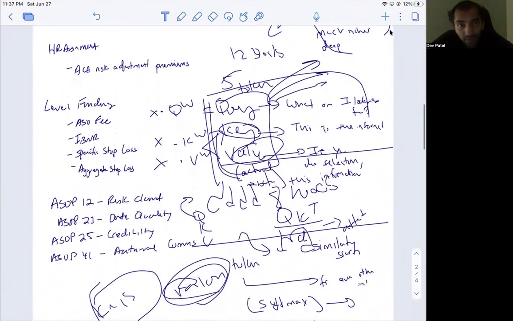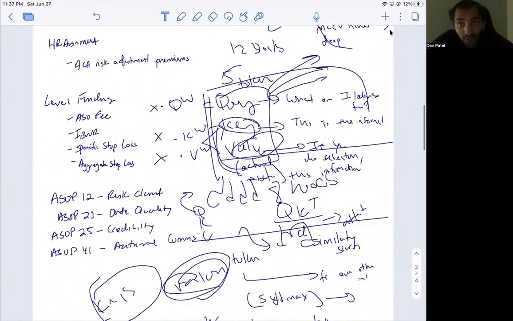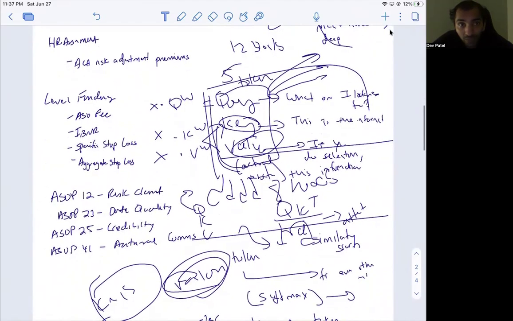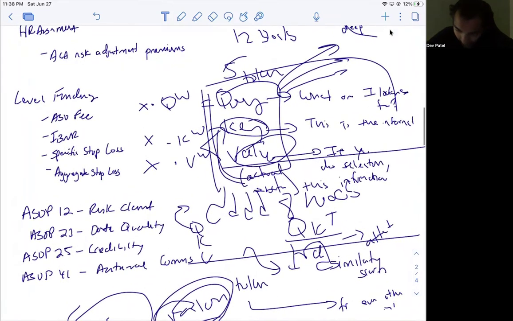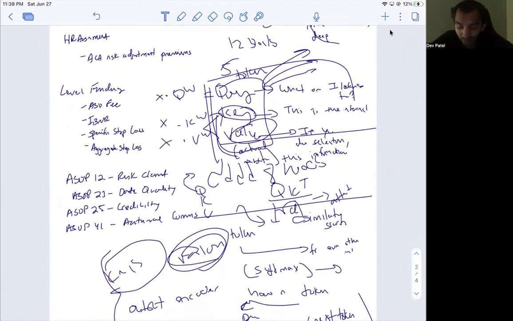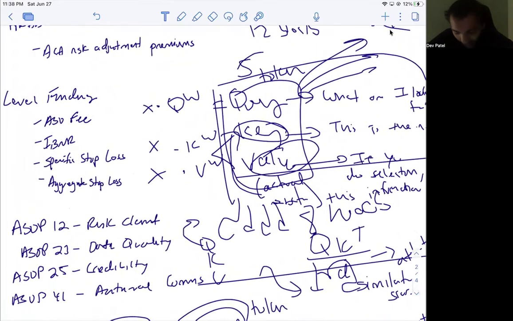We know level funding, that level fund itself, which is the fixed premium, goes to ASO fees, IBNR, specific stop loss premium, aggregate stop loss premium, risk classification, data quality, credibility, and actuarial communications, which is all about report generation and identifying any model deviations you've made or any inaccuracies in the model that you found, any assumptions, credibility of the data quality, any errors, any missing values, any outliers, outlier detection.